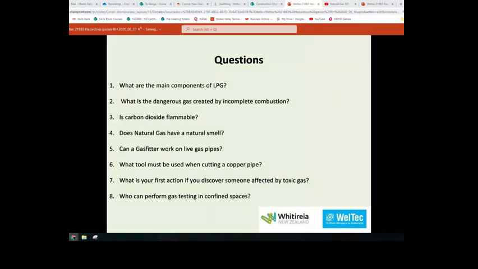It does depend a little bit on the situation. If possible, get them out and away from that situation. But if they're down a manhole or something, you wouldn't want to go down there because you're likely to end up passed out at the bottom of the manhole as well. So in that case, you'd have to call emergency services.